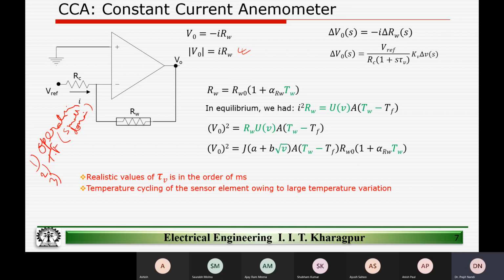Because once we are able to do mathematics, the beauty of mathematics is it gives us insight. Just like we discussed how the time constant tau v is dependent on the mass of the material, and that is the reason why the material needs to be a thin wire, or why it needs to be held at 90 degrees to the fluid velocity.